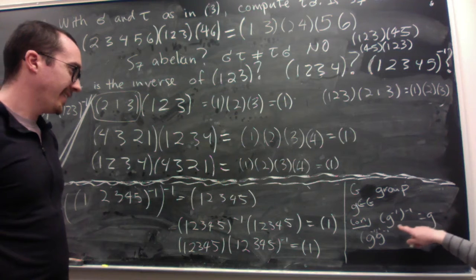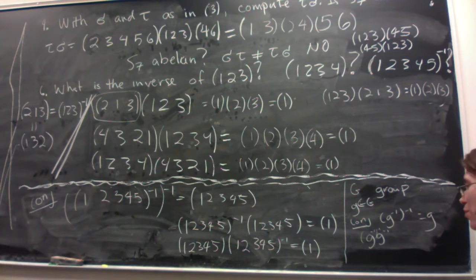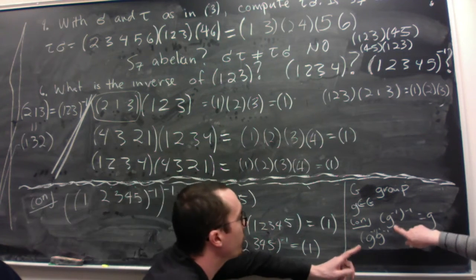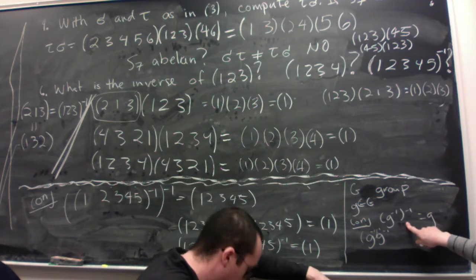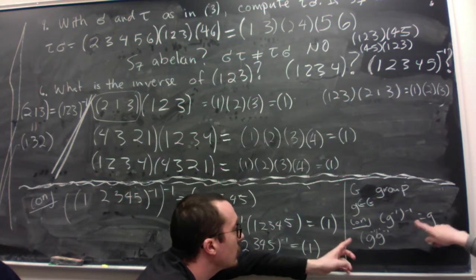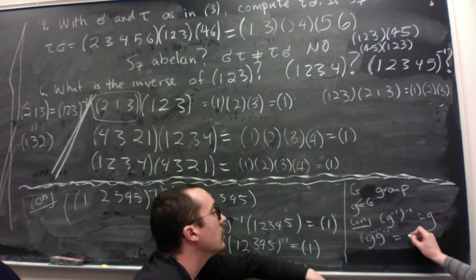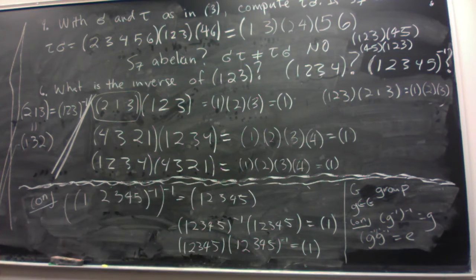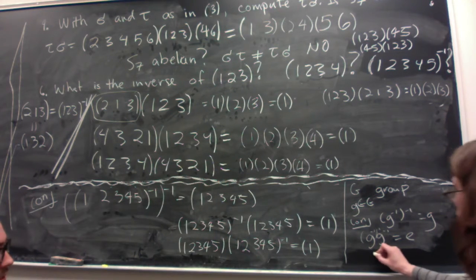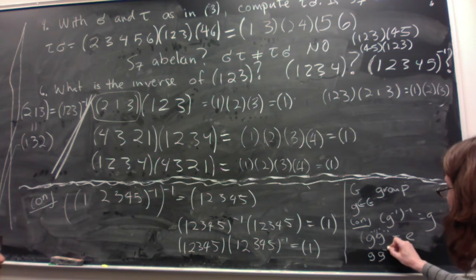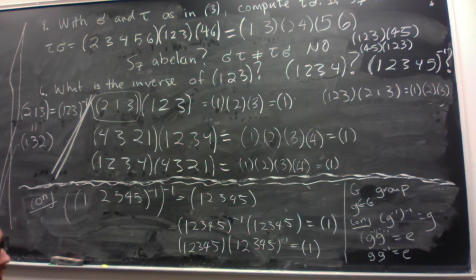So, I'm writing what I know about G inverse. I know that G inverse inverse times G inverse should be the identity. But we also know that G times G inverse should be the identity. And we know that inverses are unique.